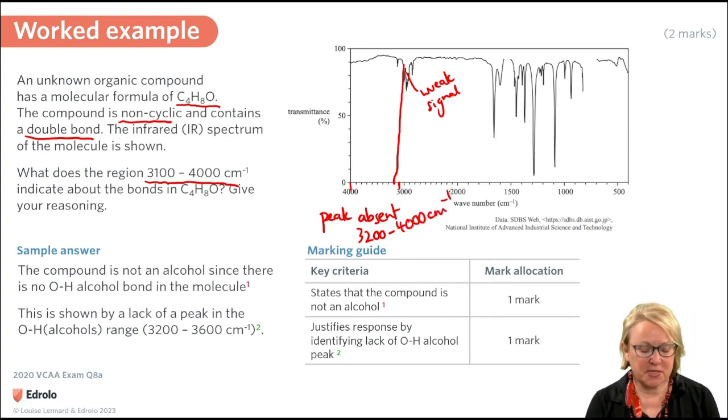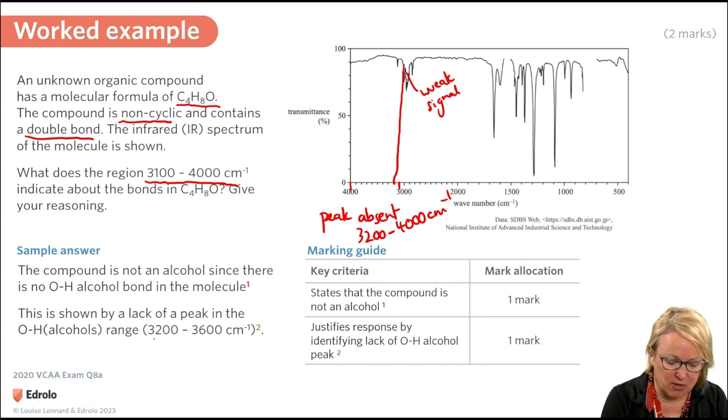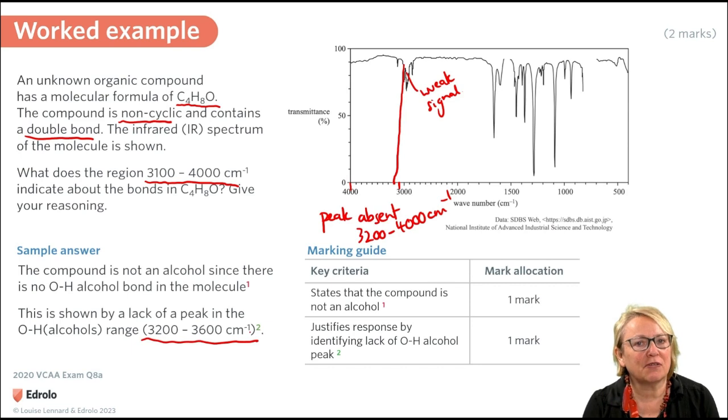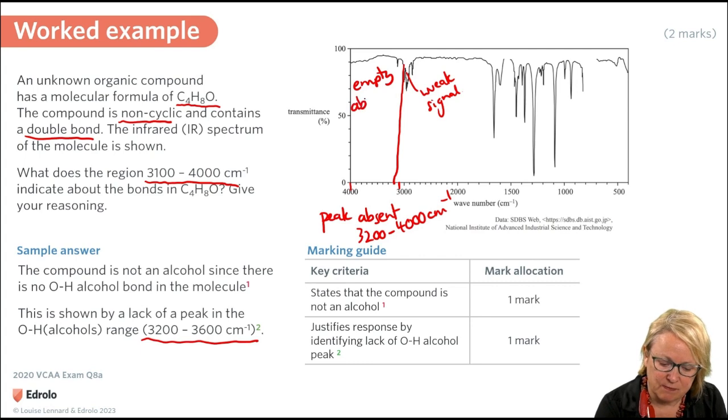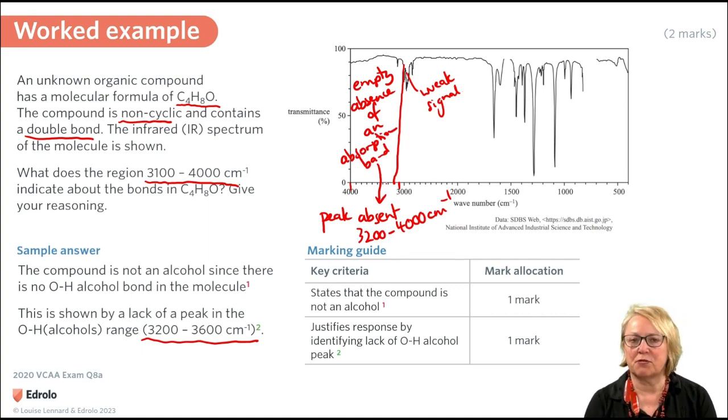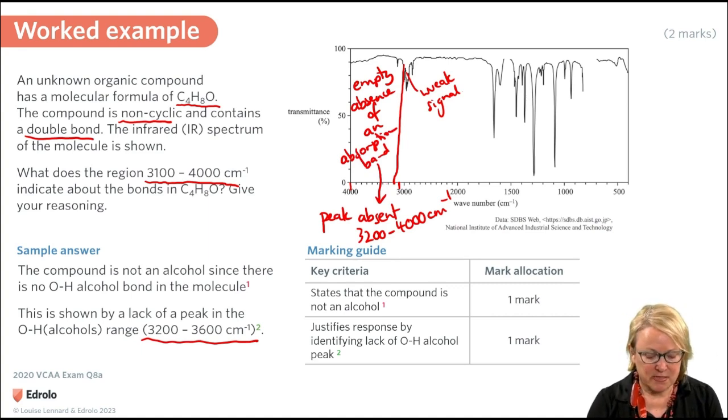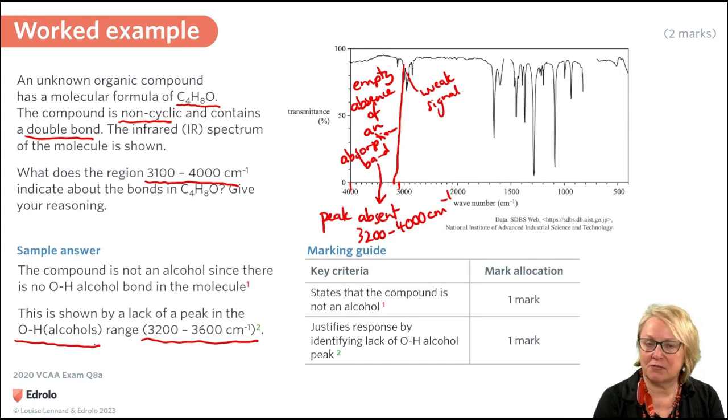And when we look at the data book, we see that for alcohols, we would expect to see an OH alcohol stretch at 3,200 to 3,600 centimetre -1, and that's actually empty. So it's the absence of an absorption band at 3,200 to 4,000. So that means that we don't have an OH alcohol stretch.